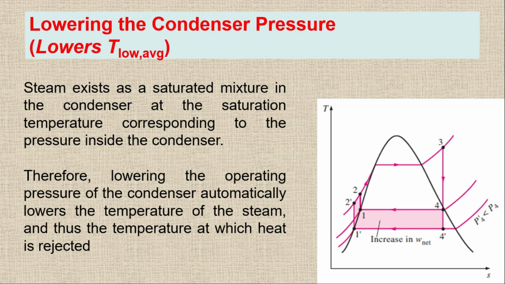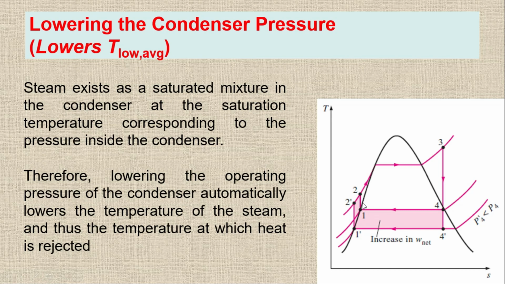Now what will be the benefit if we decrease the condenser pressure? For simplicity, I have chosen the turbine inlet to be the same for both cases. Here we have case number 1 with the higher pressure, and then we have another pressure line, which is the lower pressure line. So the turbine inlet is the same for both cases.